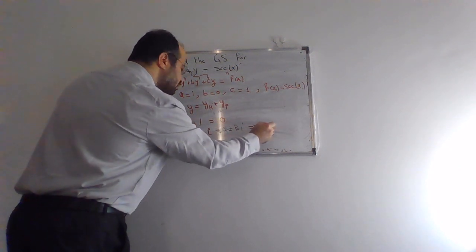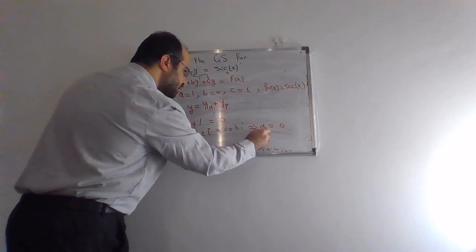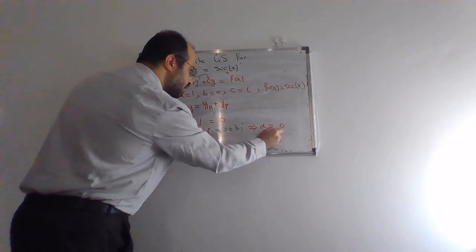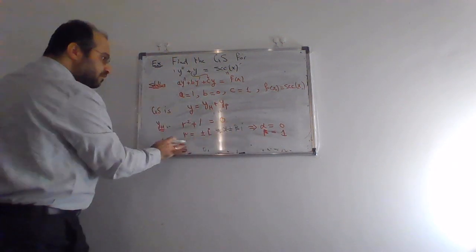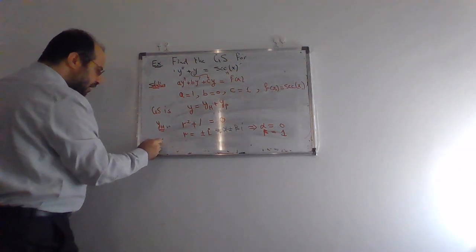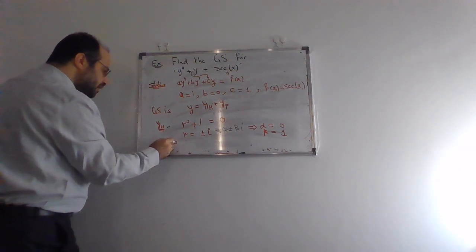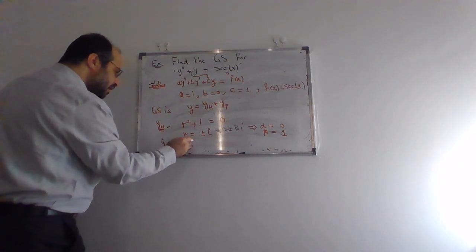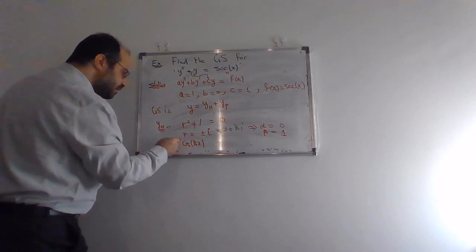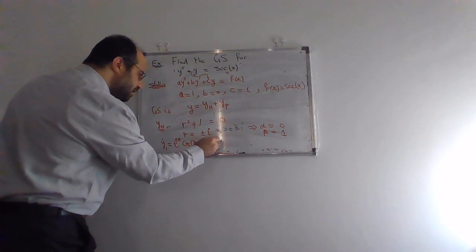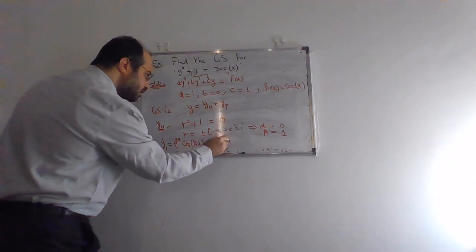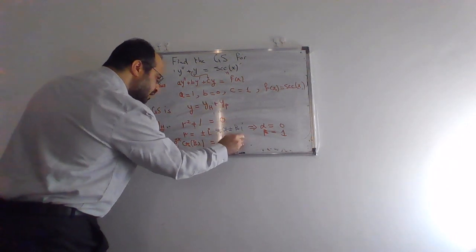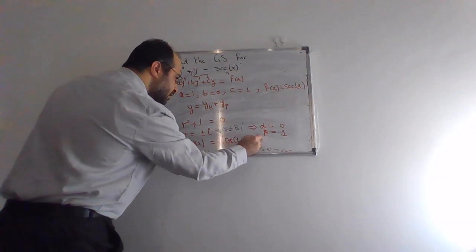Your alpha will be 0 and your beta will be 1. From this, I can build up y1. It is e to the alpha x cosine beta x. In this case, I will have e to the 0 and cosine 1x, so I get cosine x.